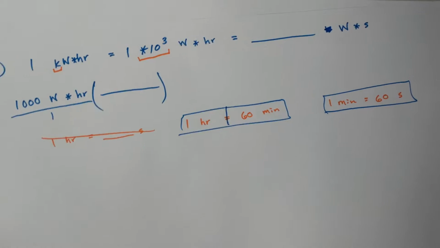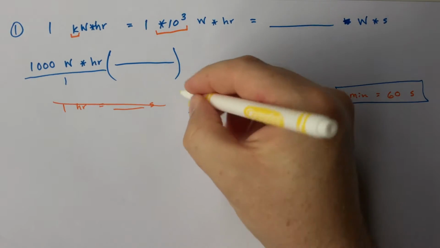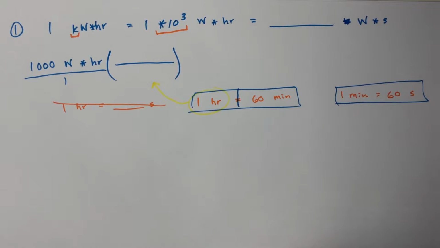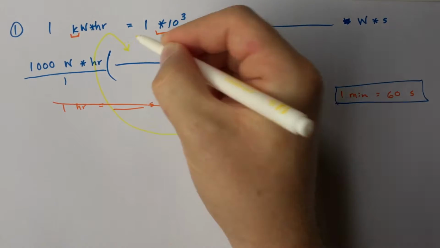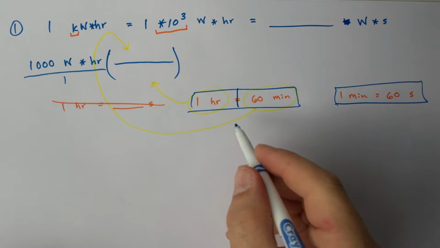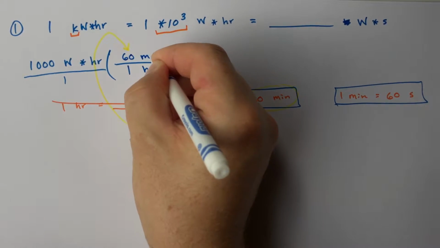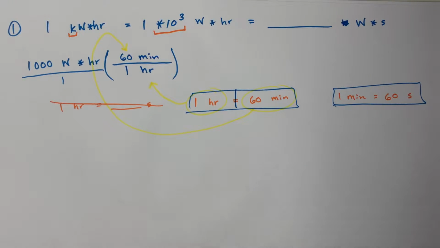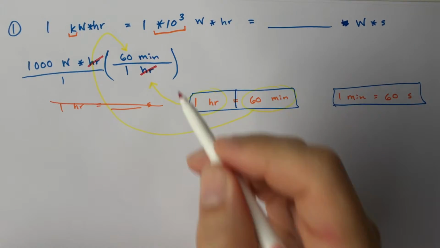So I'm going to put this 1 hour in the denominator, and this 60 minutes in the numerator of my fraction. And this way my fraction will equal 1. The top and the bottom will be equal. So I have 1 hour on the bottom, and 60 minutes on the top. And this will allow me to say that this hour and this hour will cancel.